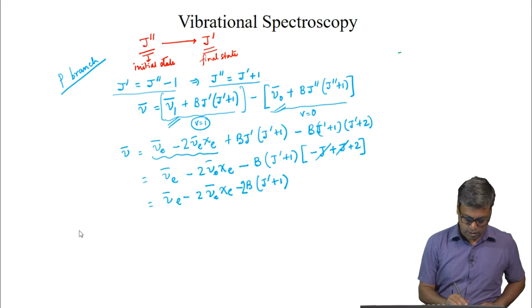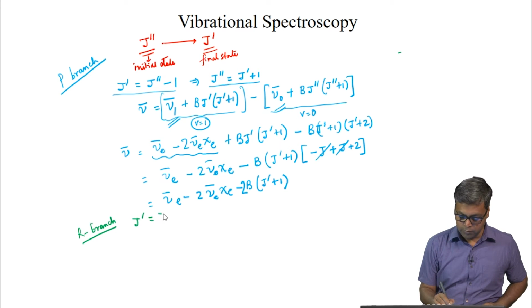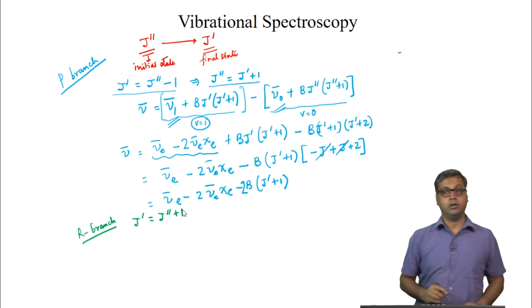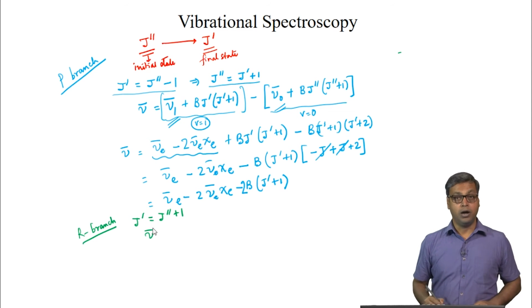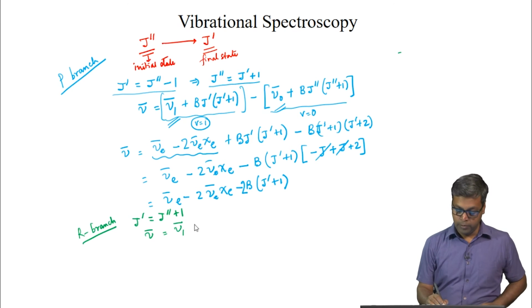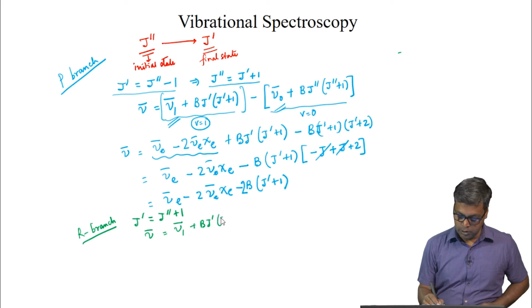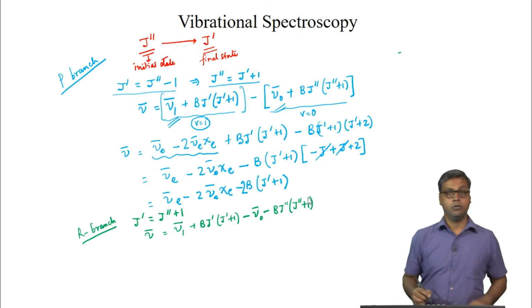So, we will consider the R branch now. For the R branch I can write J prime equals J double prime plus 1. Similarly we can write nu bar equals nu bar 1 plus B J prime times J prime plus 1, then minus nu bar 0 minus B J double prime times J double prime plus 1.